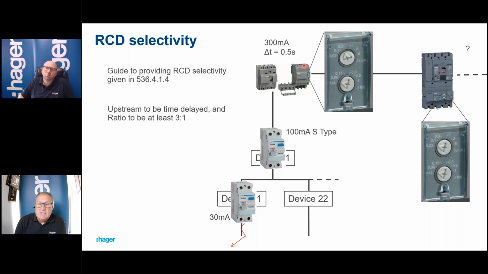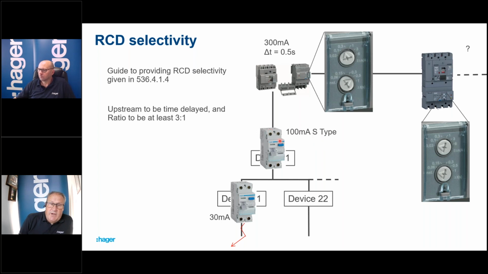Now I'm suggesting we change the time delay to half a second. Now I'm going to show you why that is in a minute. It's a table from the RCD standard. There used to be this very handy table in Appendix 3 of 7671, but for different reasons now that's been removed. So the table would have said, and I'll show you the table in a minute, the maximum operating time for a time delayed RCD is 500 milliseconds.